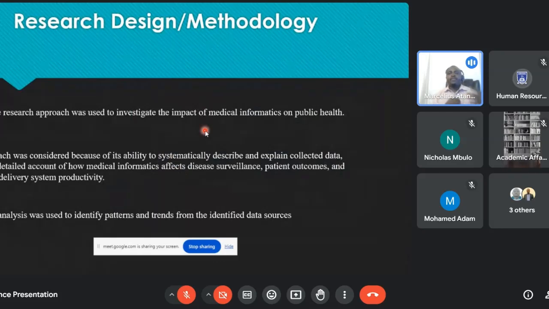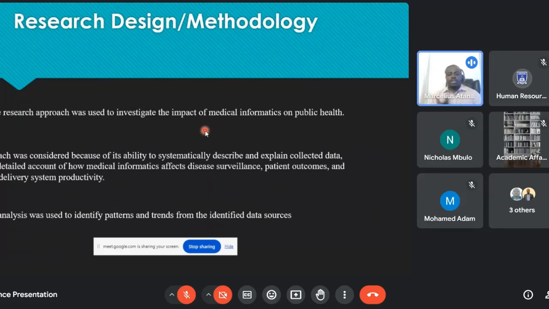Given the backdrop of the research questions we've set, the research method we chose, we think, will help us answer those questions. Given the data that we are looking at, we go for a descriptive research approach. This is used to investigate the impact of medical informatics on public health.